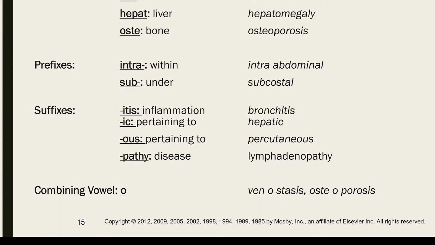And then we can see the combining vowels, and in most cases it's an O. So venostasis, osteoporosis, that's all just making it easier for us to say. In the English language, we can't just say venstasis, it doesn't flow correctly, so we say venostasis.